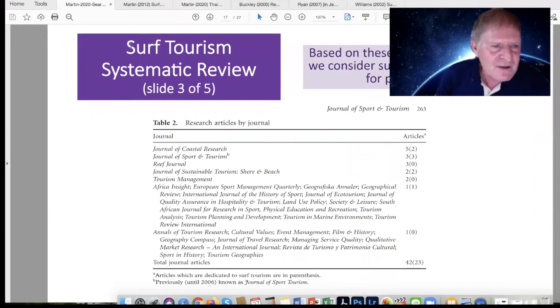Okay, the second one, to just run with the same idea, this one looked at research articles by journal. Okay, so based on these results, where might we consider publishing our research? Because that's the flip side of this systematic review, you know, like any paper that we're going to write, we have to find a home for it. And it's good to actually have an idea of the home before we get too far along with the paper so that we tailor that paper to the journal or the place that we hope to publish it at, right?